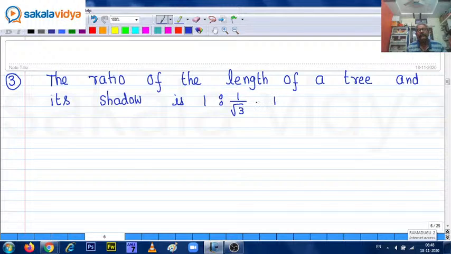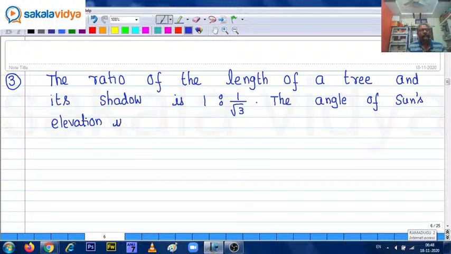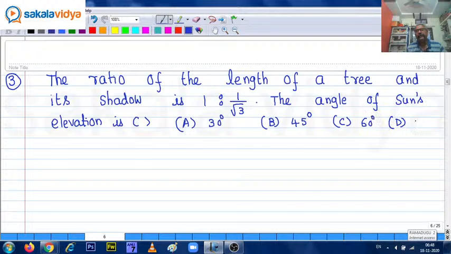The angle of sun's elevation is: A, 30 degrees; B, 45 degrees; C, 60 degrees; D, 90 degrees.